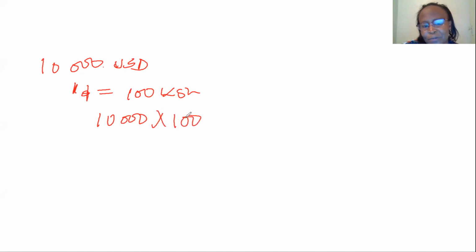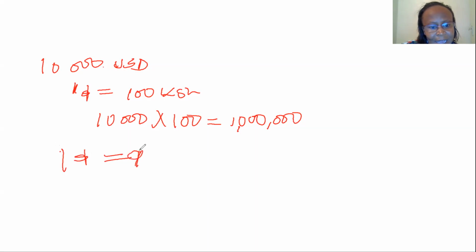Let's assume they pay you immediately, you're in Kenya, so you'll end up with 1 million. That is the amount you would get. But because you are not being paid immediately, you are being paid in June. Now come June, you realize the exchange rate is $1 equals 99 Kenya shillings.